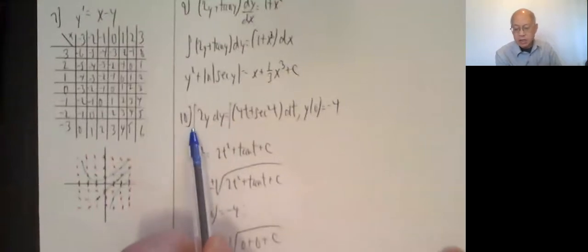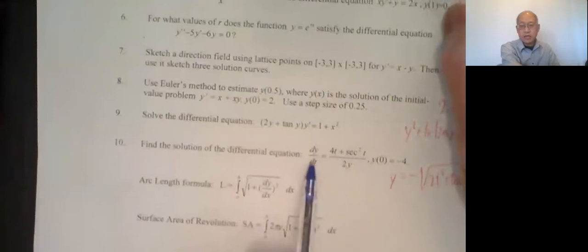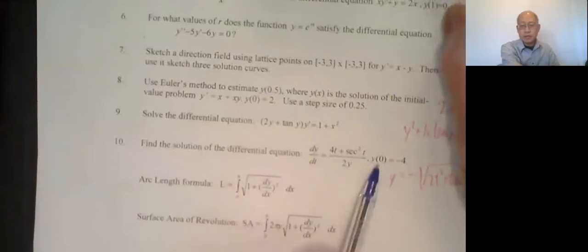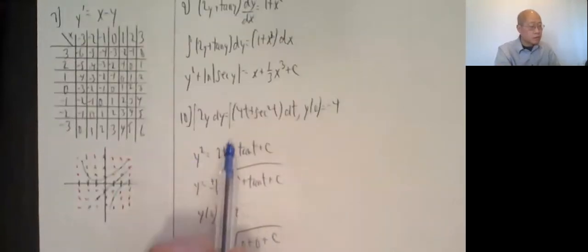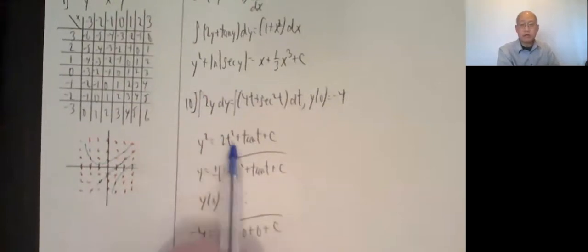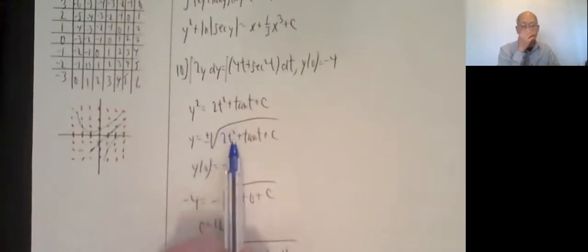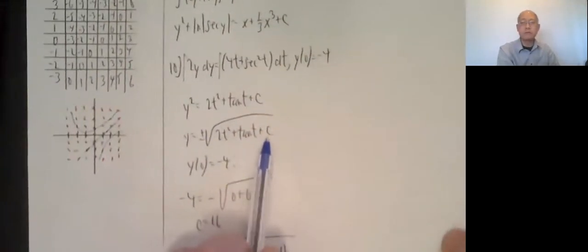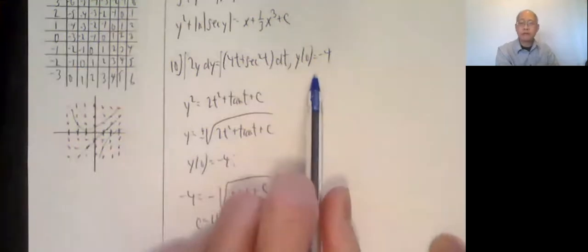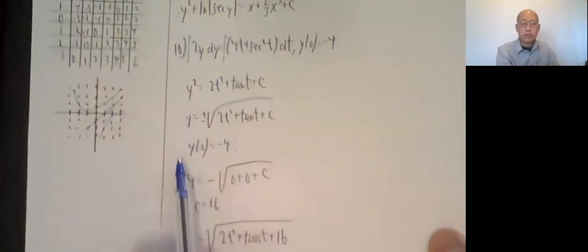Okay, finally 10. After you cross multiply, you have 2y dy equals 4t plus secant squared of t dt, and you have an initial condition. All right, so integrate: y squared equals 2t squared plus tangent of t plus c. Square root: y is plus or minus the square root of 2t squared plus tan t plus c. y of 0 is negative 4, so 0 goes in for t, negative 4 goes in over here.